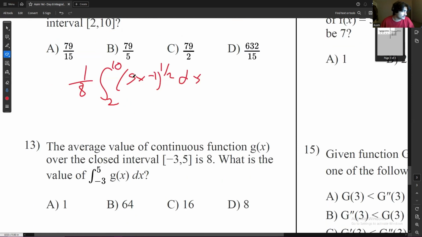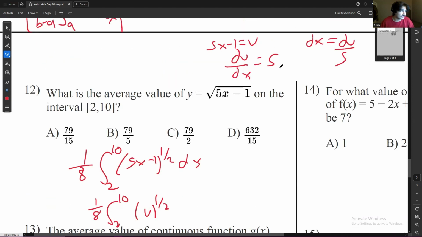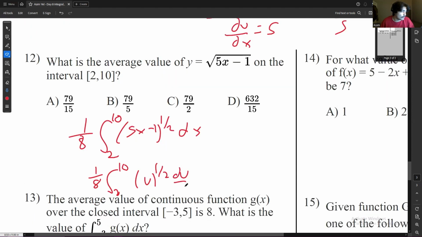Now I'm just going to rewrite this. 1 over 8 integral from 2 to 10 of u, because I just used my u substitution, to the power of 1/2, and instead of dx I'm just saying du over 5.